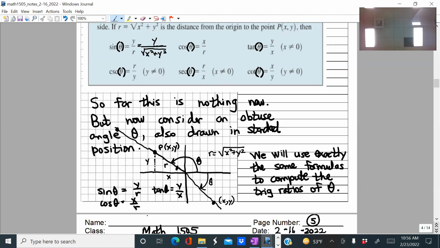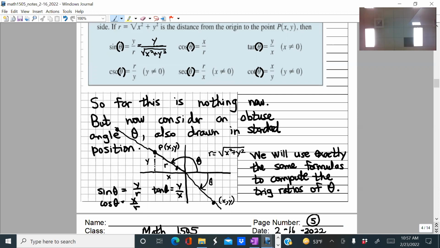We can still define the sine and cosine for that angle as well, using the same scheme. You draw the angle in standard position. There's the terminal side. Pick a point on the terminal side, any point you want. It can be way down here, it can be way up here. Then here's how you compute the sine.